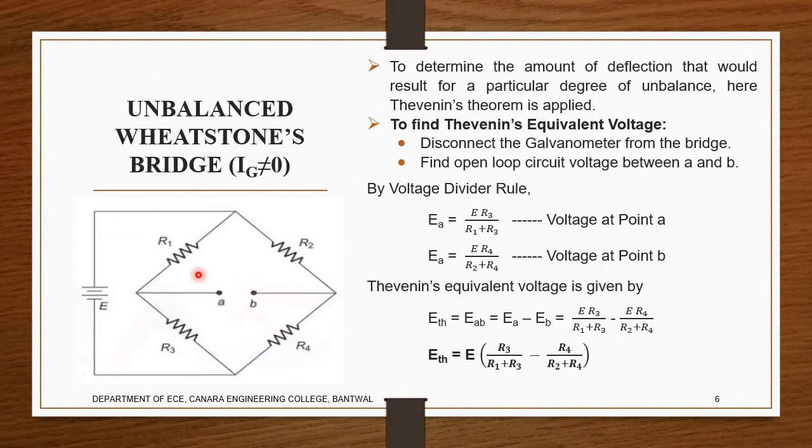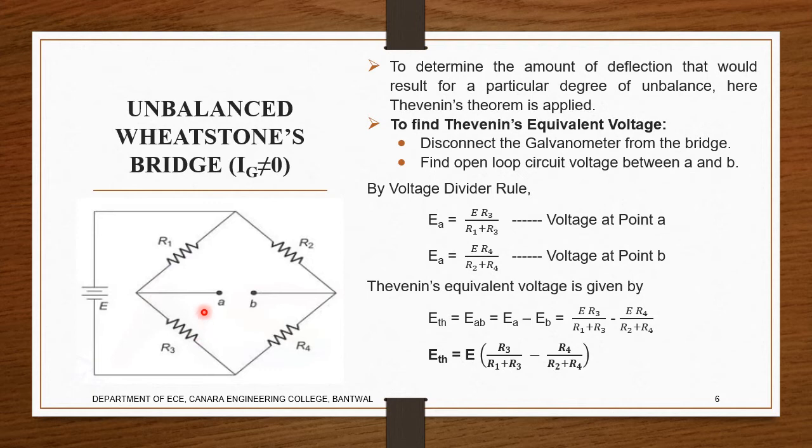First we have to remove the galvanometer from the bridge and make it open. Now for the open loop, the KVL law has to be applied. What about the voltage EA at this point? EA is equal to E into R3, across EA and E. So it is E into R3 divided by R1 plus R3.